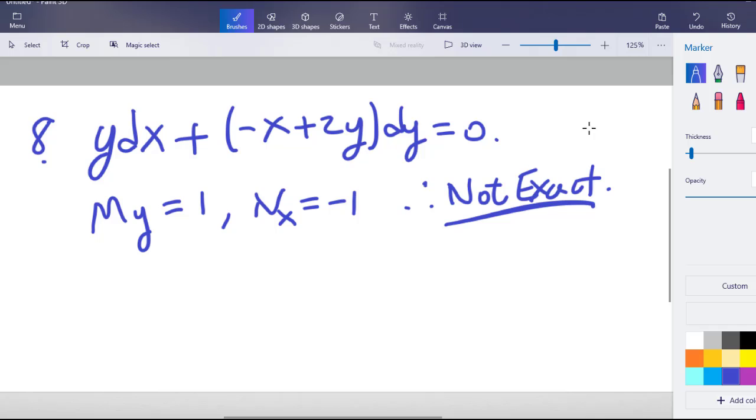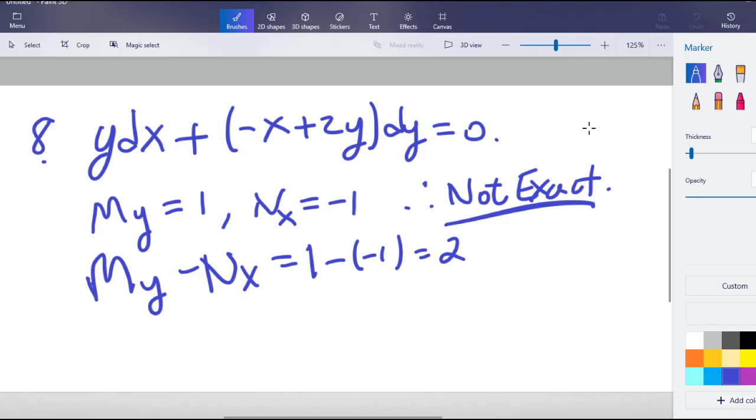However, there are formulas given on the handout that you can use to determine an integrating factor that will make this thing exact. Both of those formulas use my minus nx, which in this case is going to be 1 minus negative 1, or in other words, 2.